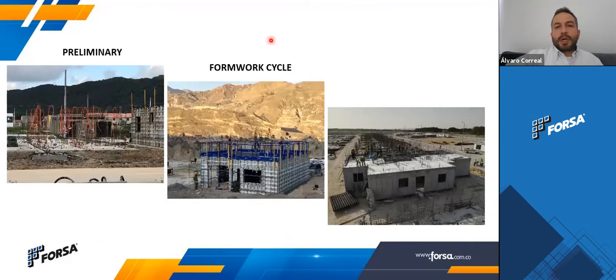Okay, so there are 2 or 3 activities that you have to consider when you go industrialize. One is the preliminary activities. As you can see here, you need to have all these ready before going to the formwork cycle. So it's not very clear here, but this orange piping is not hanging in the air.